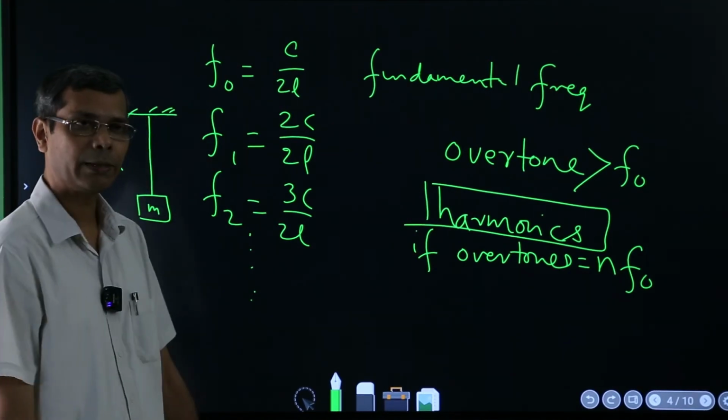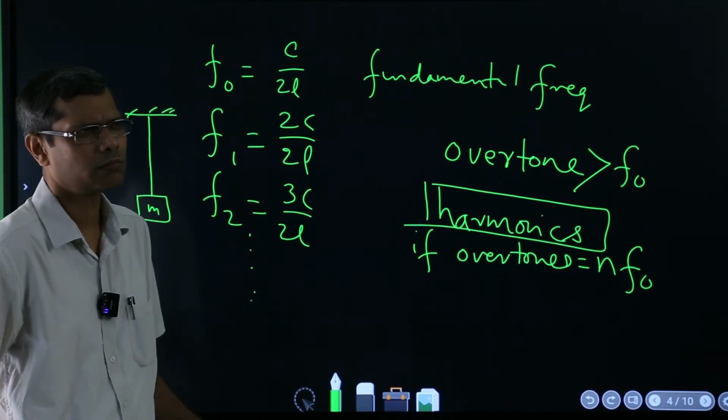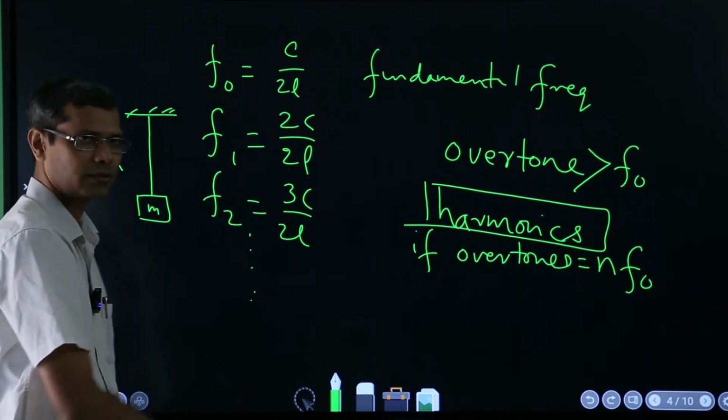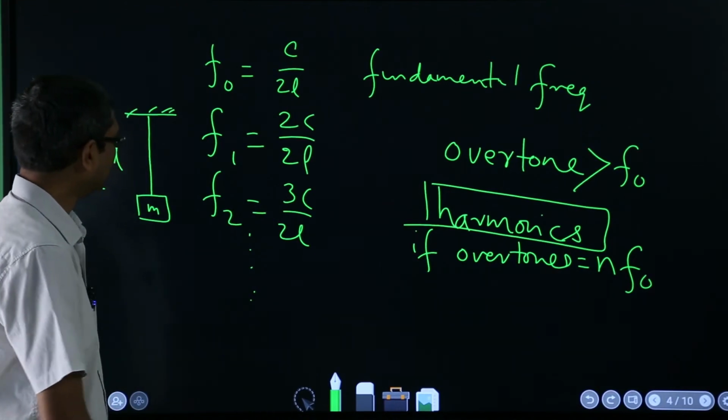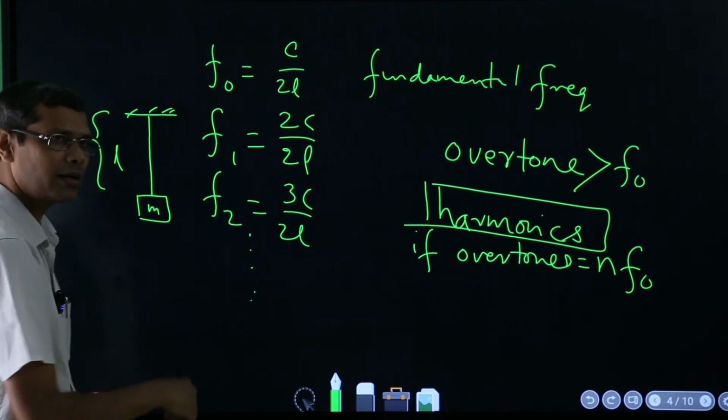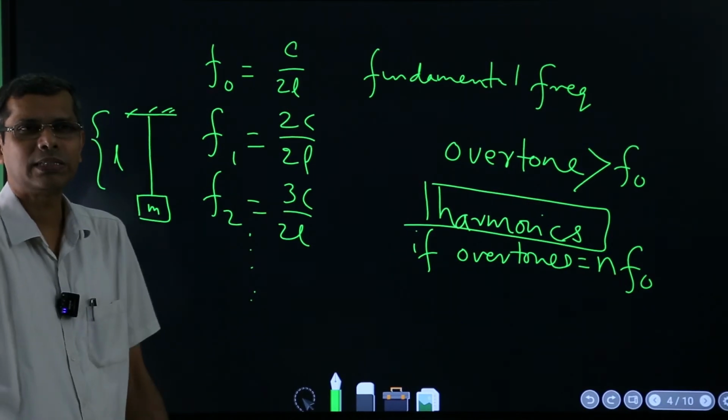Some sound came, and he felt it. Then he changed the length, keeping everything else constant. Then he observed that when this length was 2L, again the sound was pleasing.